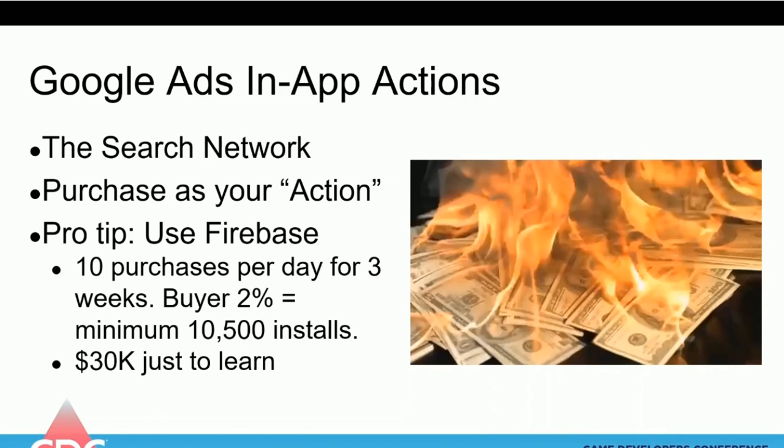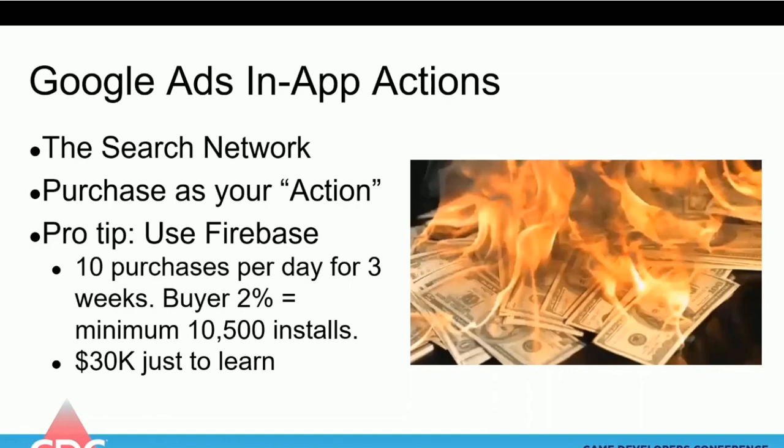One of the biggest constraints in the past for us to get Google to be profitable was that their machine learning would require a minimum of 10 actions a day, or 10 purchases in this case, and often about 3 weeks before it would start bidding effectively. In the past, we've often had to spend upwards of $30,000 or more just to get things working. And that's a lot of cash to burn up front.